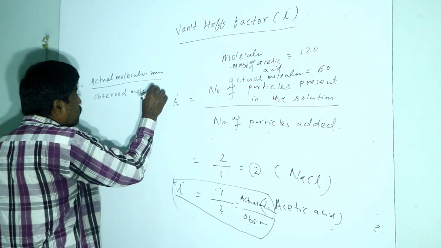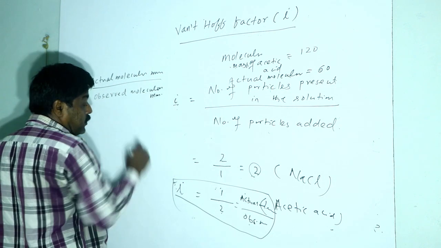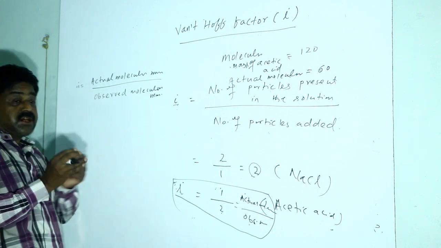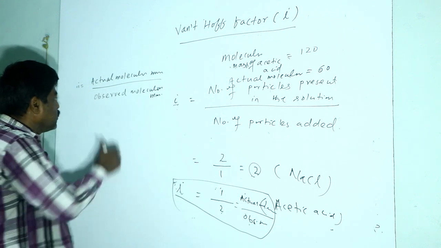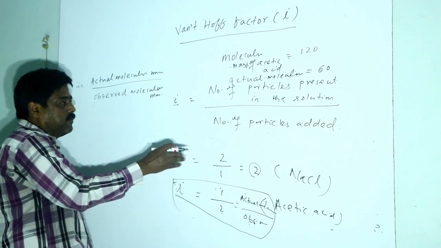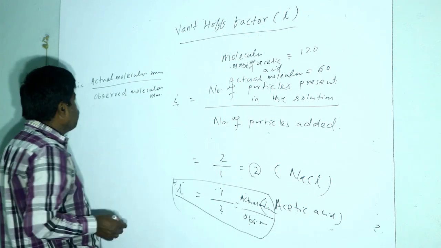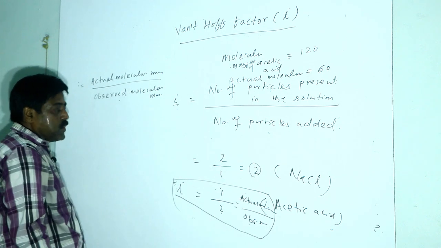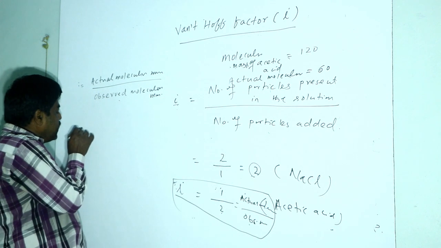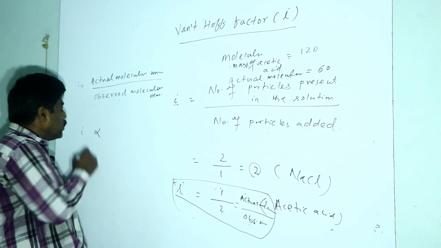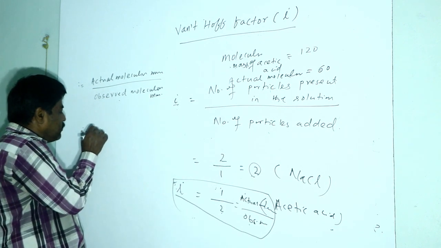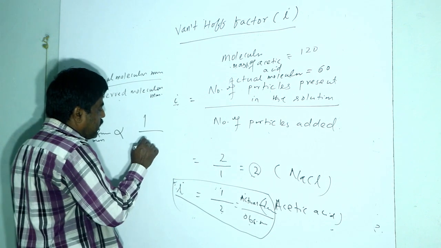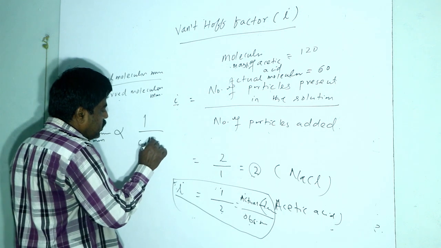Why do you observe a molecular mass of 120? Because two molecules of acetic acid get dimerized in the solution, so the observed molecular mass will be double the actual molecular mass of 60. So i is equal to actual molecular mass by observed molecular mass. Here we can say i is inversely proportional to the molecular mass, and the molecular mass is proportional to 1 by the colligative property.